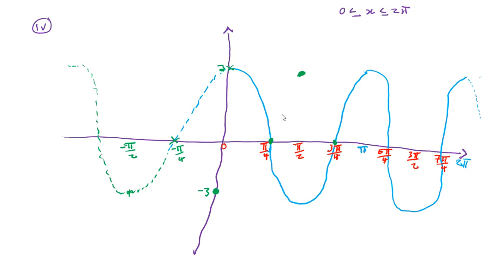So if you move all the points, you find that this one will be there, that one there, that one there. Another one will come up there, and then another one there, and the last one will be there.